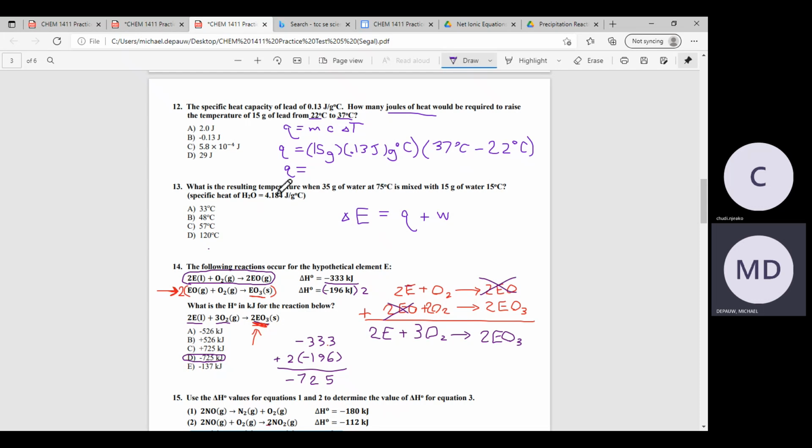And 37 minus 22 is 15. 15 times 0.13 times 15. That's going to give you some number. 225 times 0.13. What'd you say? Oh, awesome. Yep, that's exactly right.